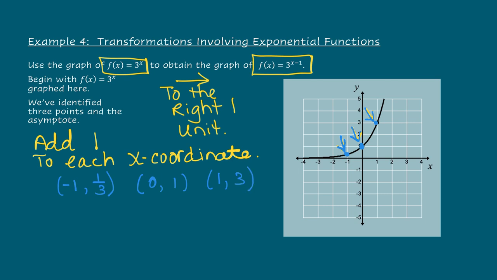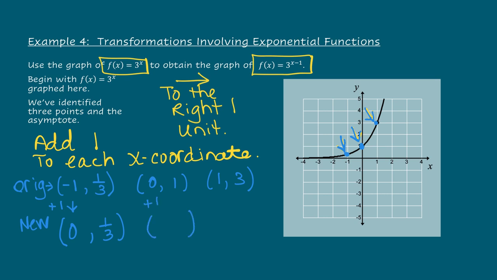In order to get my new coordinates, I add 1 to get my new x-coordinates, and I'm not going to change my y-coordinates at all. I'm only shifting my x-coordinates.